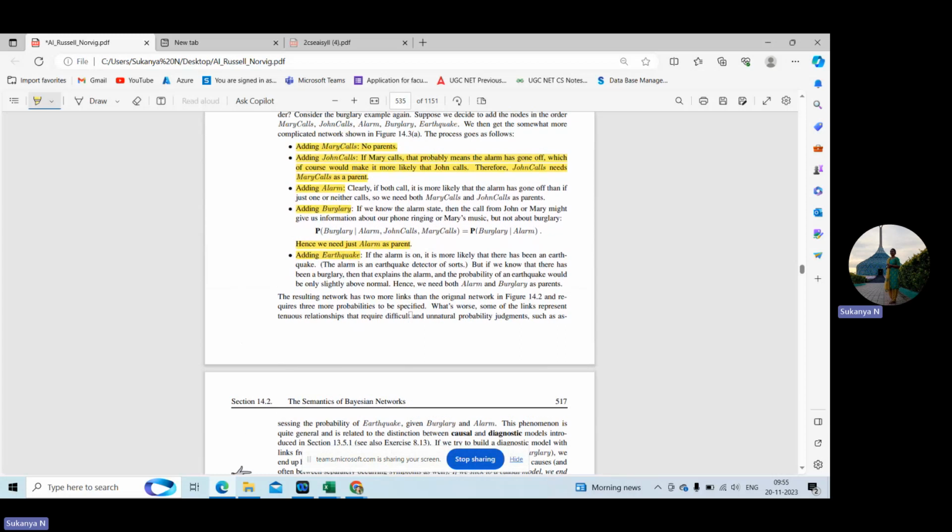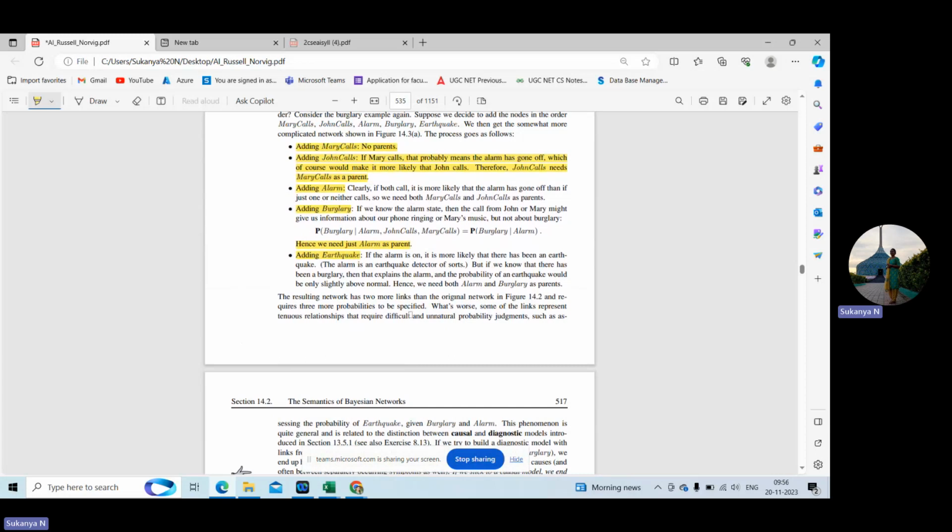Okay. So when Mary calls and John calls, there is an alarm which is the subcomponent, right? Before that we had burglary as the parent node, and when burglary happened, the alarm was ringing. In our case, when we change the node order, Mary is calling, and once Mary is calling, the alarm should ring, right? So this node ordering will not work.